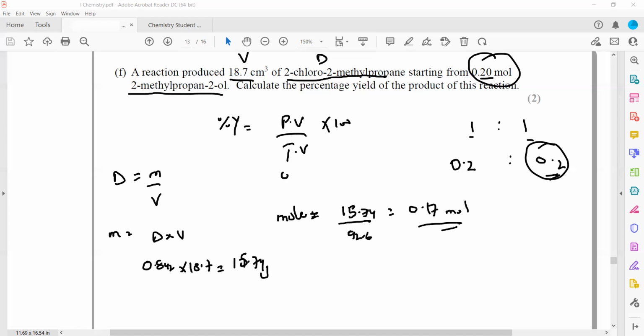So percentage yield equals 0.17 divided by 0.2 multiplied by 100. So this will give us about 85% yield. So that is the percentage yield of this reaction.